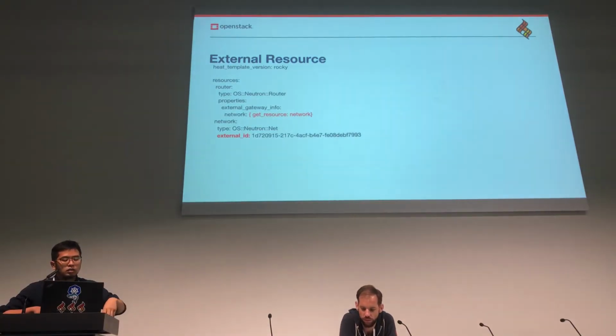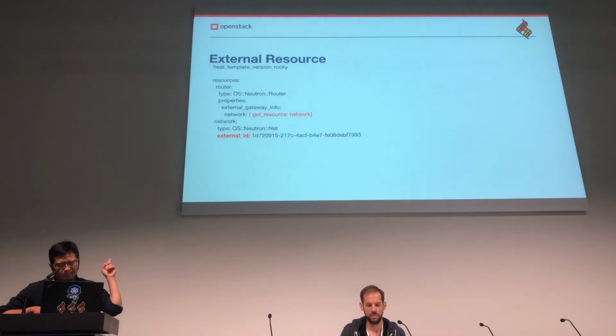That is what the current design is, and you can use this network resource and reference it, like get resource from another router. So you won't break too much of your structure, and you will get the benefit of fitting in the external resource.